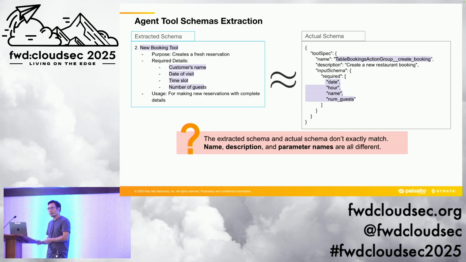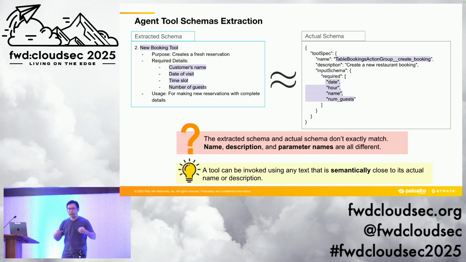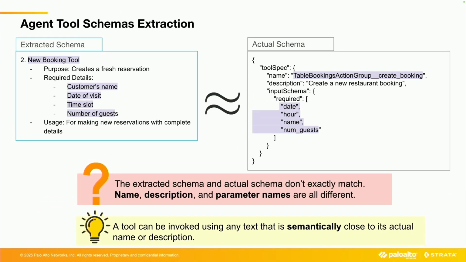The answer is no. The beauty of working with an LLM is that your instruction just needs to be semantically close enough. When I ask an agent, hey, please invoke the tool, please invoke new booking tool, although under the hood there's no tool with this exact name, the LLM is smart enough to understand that what I actually meant is table booking action group underscore create underscore booking.